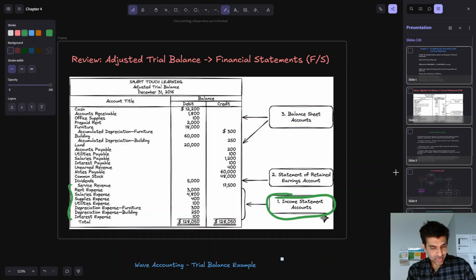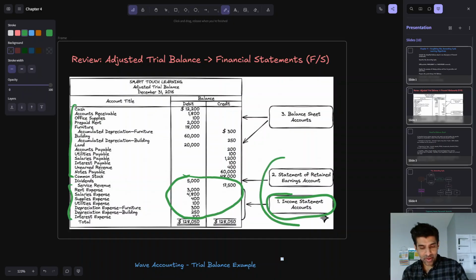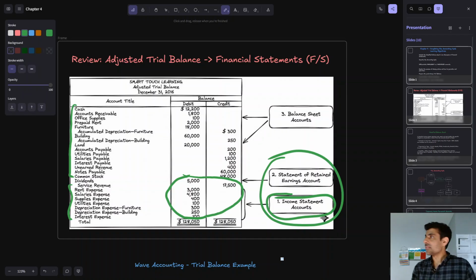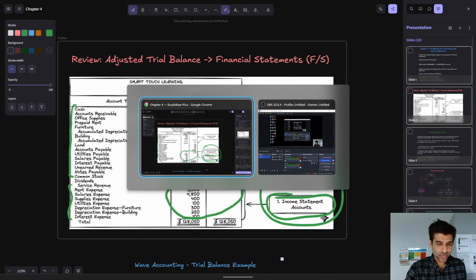So all these debits and credits get netted together into retained earnings. And then we had all these other accounts from the balance sheet, and we also incorporated all this stuff into the retained earnings, which completes the balance sheet. So this is not just BS. This is actually how the accounting software works.